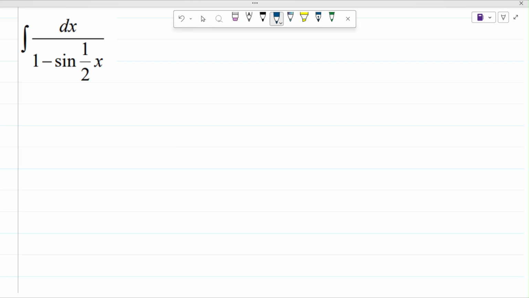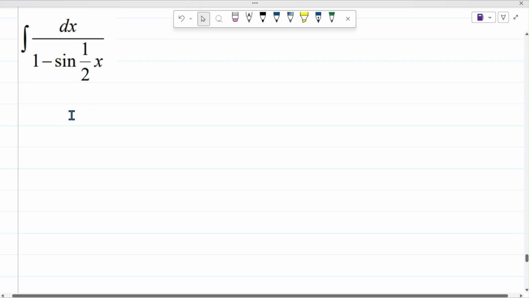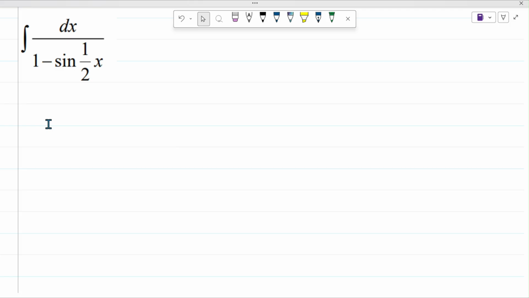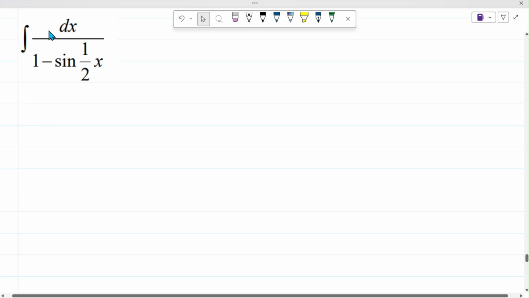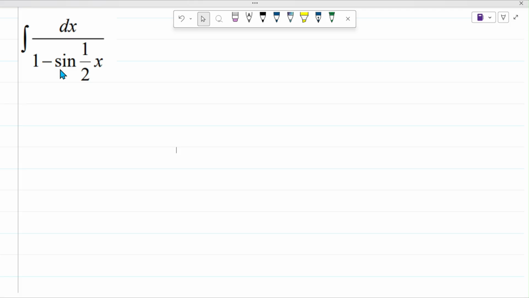So this is a case whereby we have to multiply by a Pythagorean conjugate, right? Because we have a constant divided by a constant plus or minus a trig function. So this is how it's going to go.